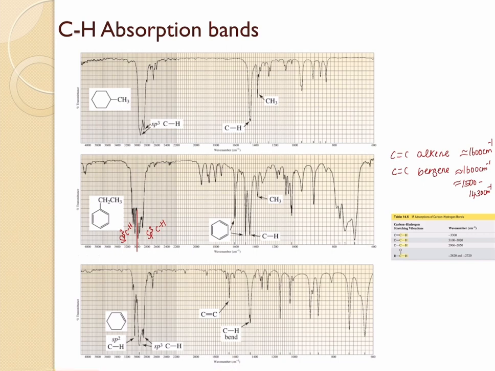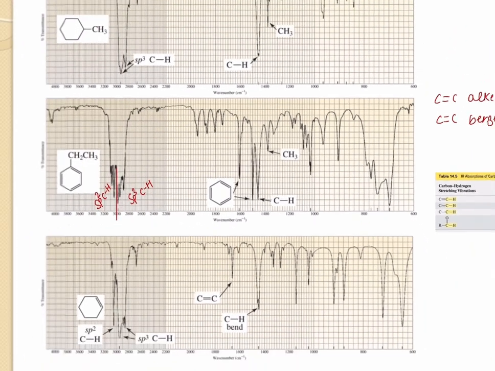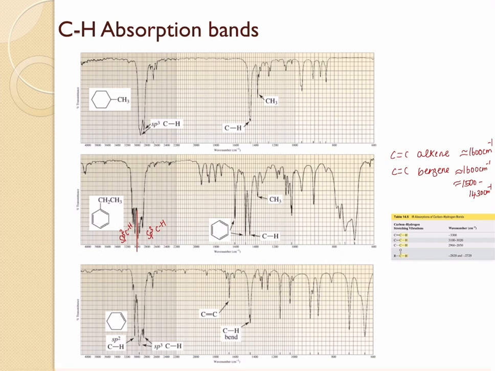So now let's take a look into this molecule. This molecule shows two different peaks, one at 1600. If you zoom up, you can see one at 1600 and the other one at 1500. Both of these two peaks are going to correspond to the C double bond C in the benzene ring. But let's take a look into the case of an alkene molecule. So this is a cyclohexene molecule where you can see there is an sp2 carbon-carbon double bond.